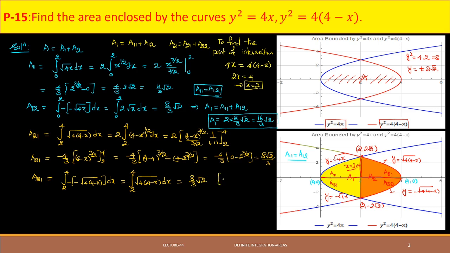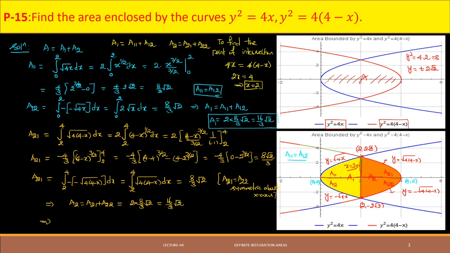And here also we have seen A21 is equal to A22, just because of the symmetry. That curve is also symmetric about x-axis. Now this implies A2 is equal to A21 plus A22, that is equal to 2 times 8 by 3 into root 2, that is 16 by 3 into root 2.